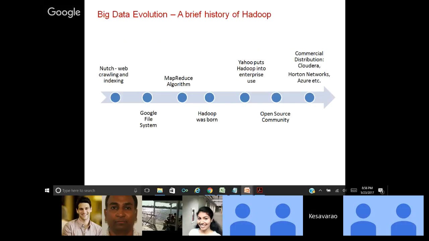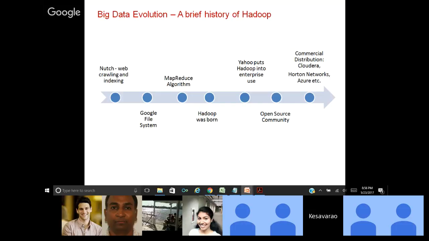Initially it was only used by a couple of companies like Google and some technology companies, but then Yahoo made it more enterprise use, and then the open source community adopted it, and from then it became more of an Apache foundation project. All the source code, libraries and frameworks they build are under the Apache foundation as part of the open source community.